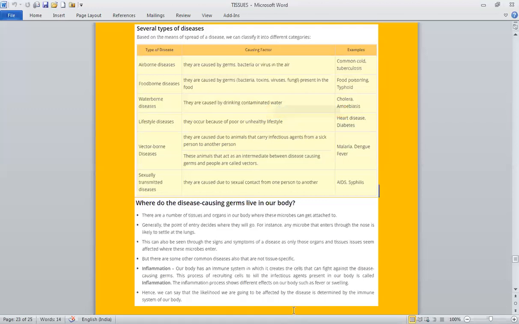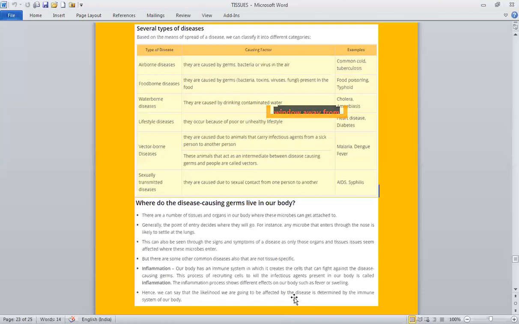So we will study about manifestation of diseases, means how do we know that we are diseased? When we are diseased, we feel diseased. We are not comfortable. And certain signs begin to appear, such as body pain or headache or restlessness or cough and fever.